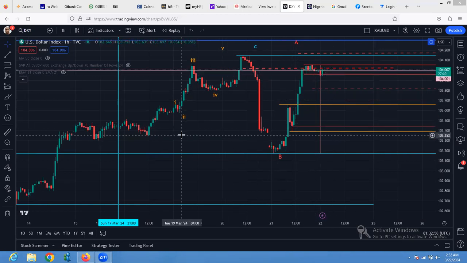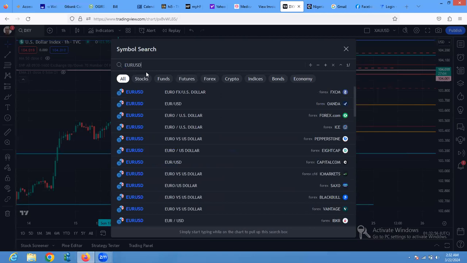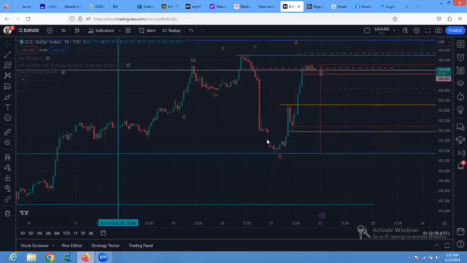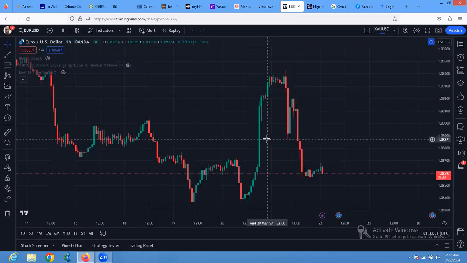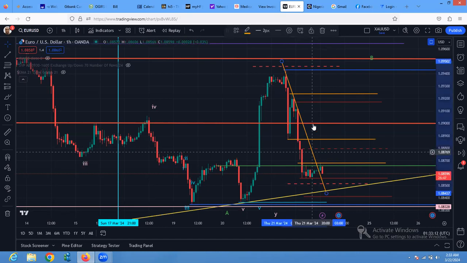So if I want to quickly shift to euro dollar, I'm wasting time, right? So on euro dollar, what we are seeing here is still the same. You are looking for an exit. So we have broken this, which means that we are done correcting.